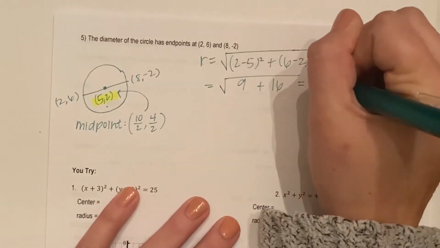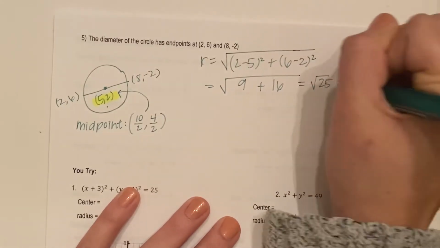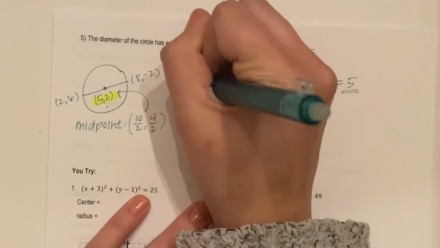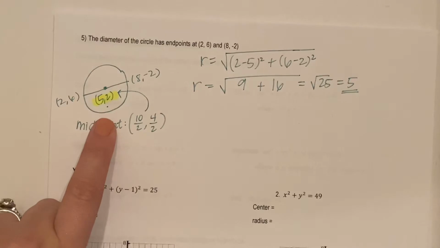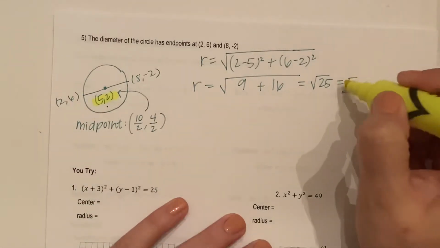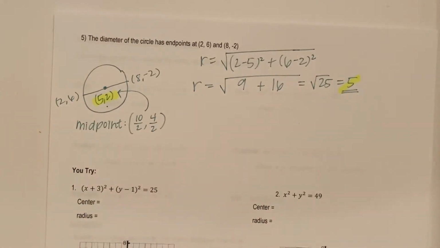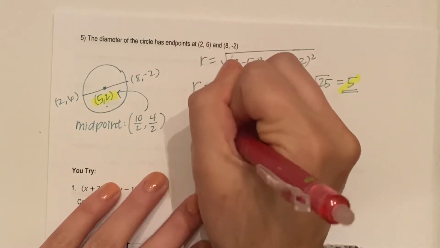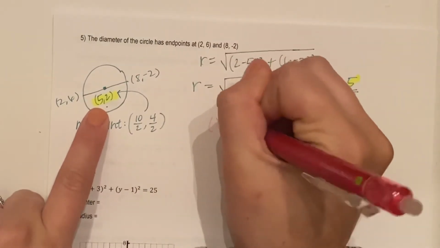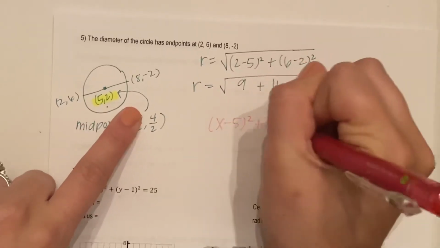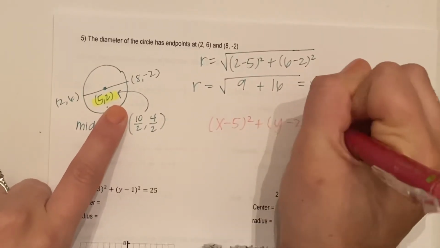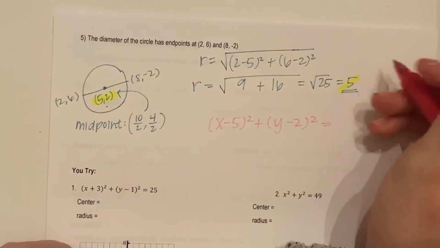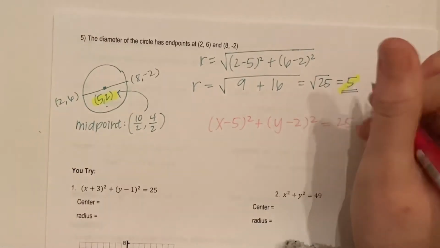That is the square root of 25, which we know is 5. So that is our radius. I have the center. I have the radius. So now I'm ready to write the equation. x minus 5 squared plus y minus 2 squared equals, now I'm not going to say 5, 5 squared, 25.